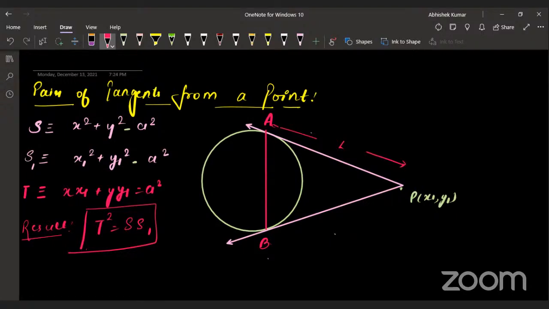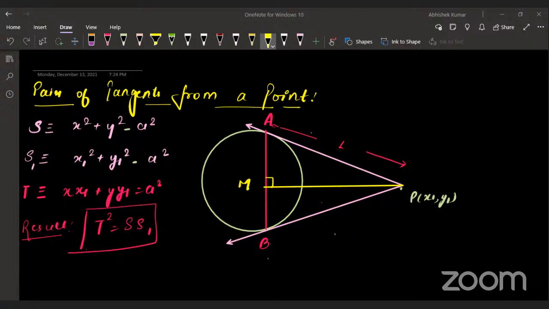If you remember, it was the result that we derived in the first few sessions. Now let me draw a line from this point P to this chord of contact. Fine. That's a line I have. And this is perpendicular that we drew, and you can call it M. Okay.